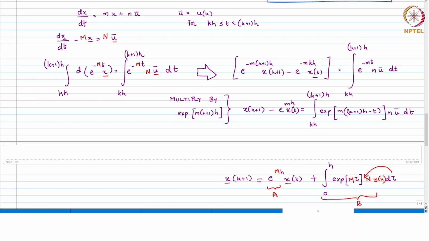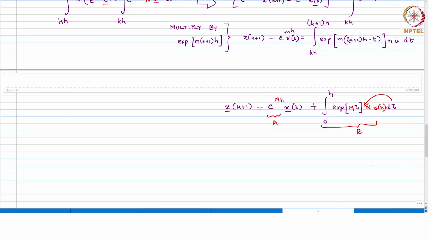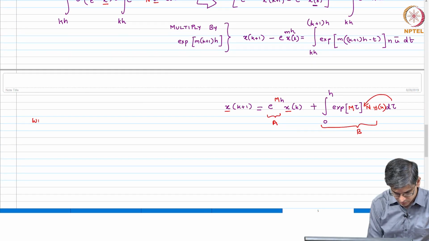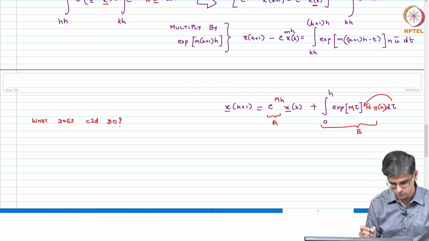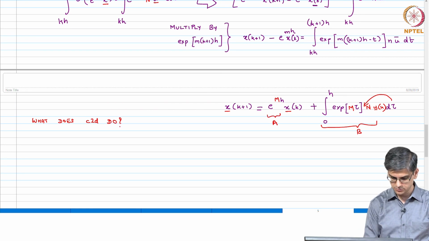Now, why can you move d tau but you can't move anything else? Tau is a scalar. Okay. So, do not move u from here to pre, do not do that, not allowed. Tau you can because it is a scalar. Okay. So, question, what does C2D do?